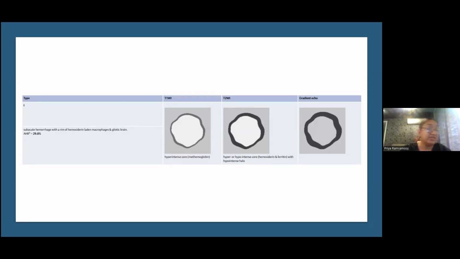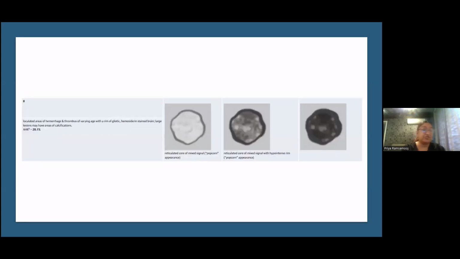So it's grades 1 to 5. And as you can see here, grade 1 is literally subacute hemorrhage with a rim of hemosiderin around, okay? And of course, this is what you see on your MRI images, okay? And I want you to appreciate grades 1 to 5 because then it helps us to appreciate our risk of rebleeding. So that's grade 1.